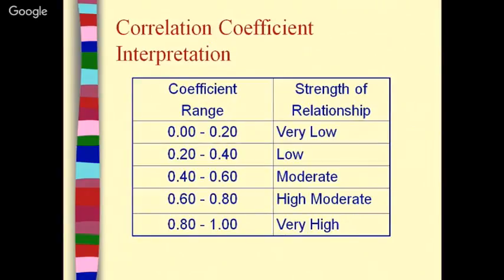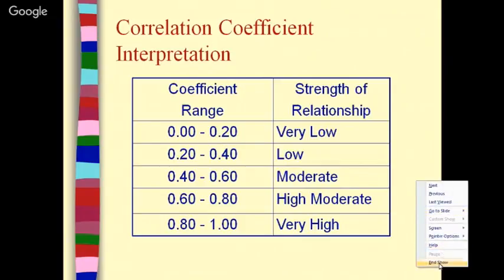Generally, correlation up to 0.20 is taken as very low, 0.20 to 0.40 low, 0.40 to 0.60 moderate, and then of course high, and at the end very high. So this was all about the correlation studies.